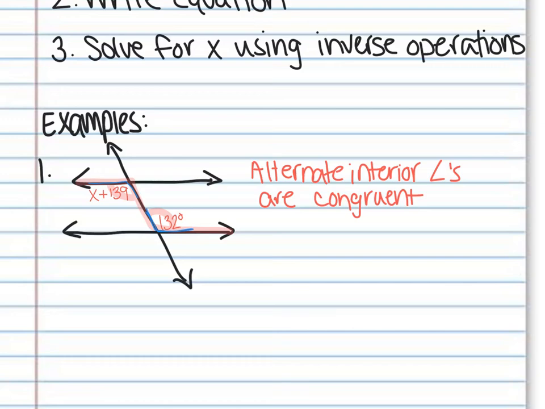So when I write our equation, I'm going to take my two angles, x plus 139 and 132 degrees, and set them equal to each other because we know they're equal. So now I have to solve for x. We have x plus 139, so instead of plus 139, I do the opposite and I subtract on both sides.